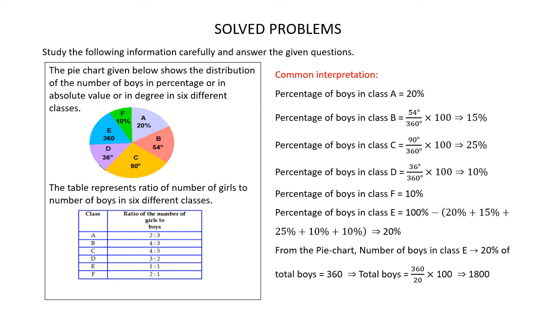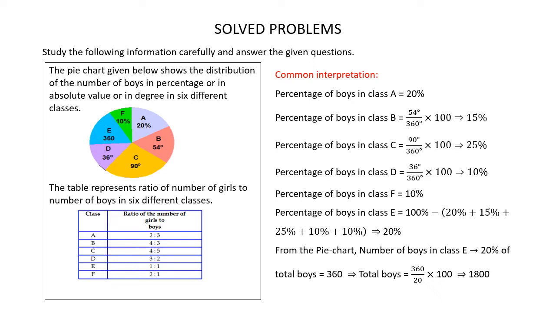Now for D it is given as 36 degrees. We know that 360 degrees is equal to 100%. So 36 degrees is equal to 36 degrees divided by 360 degrees multiplied by 100%, which is nothing but 10%.